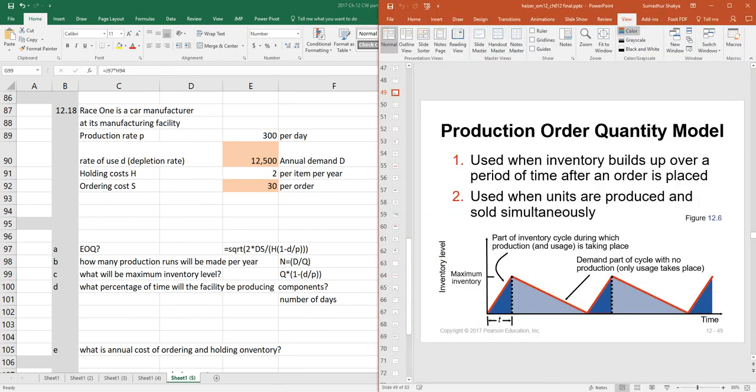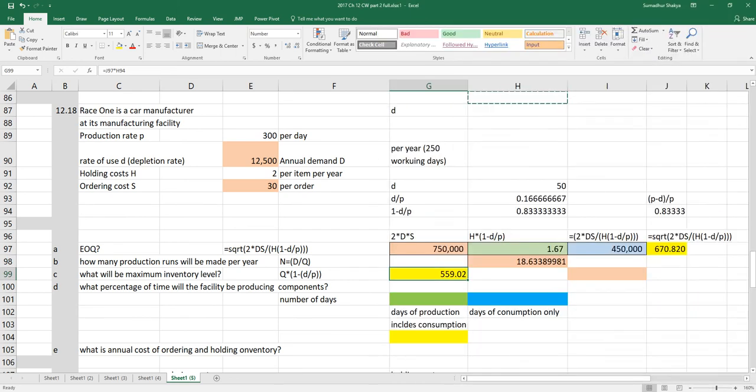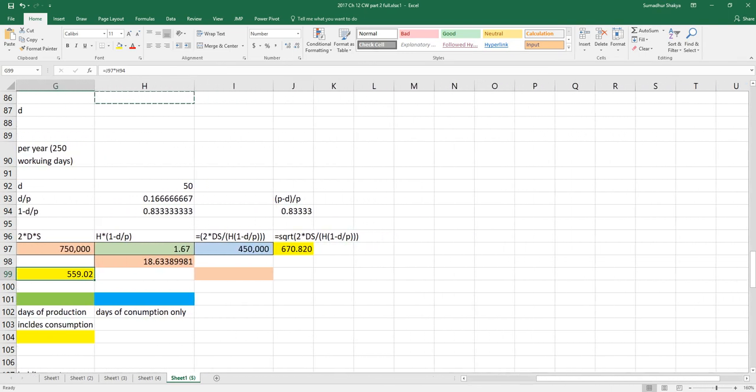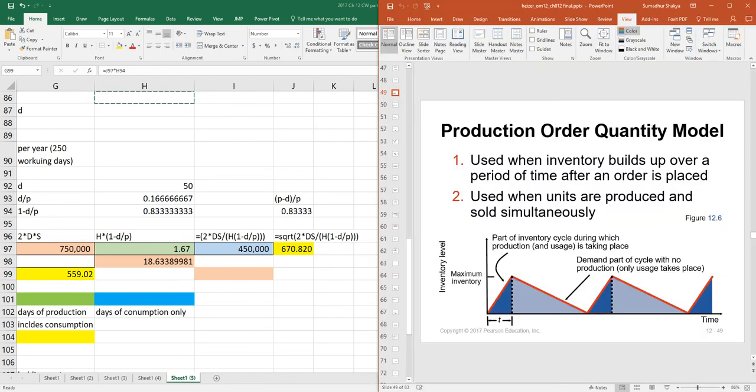Now let's understand this. At this point, the total production that happened was 670 units.